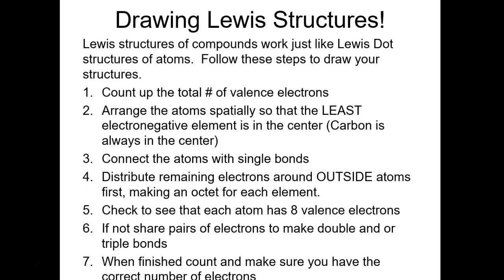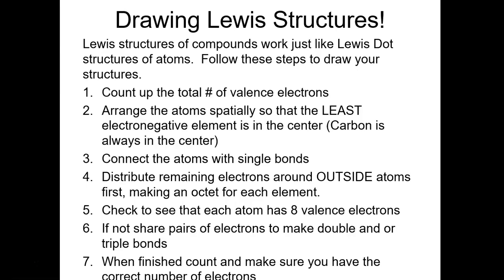Now, there's a lot of different ways that you could do this, and if this doesn't work for you, come see me and I can try some other things with you, but I suggest that it's helpful to connect the atoms initially with single bonds, okay? Then once you've done that, look at how many electrons you have left to work with and distribute the remaining electrons around the outside atoms first, making an octet for each element, and then go back to the central atom.